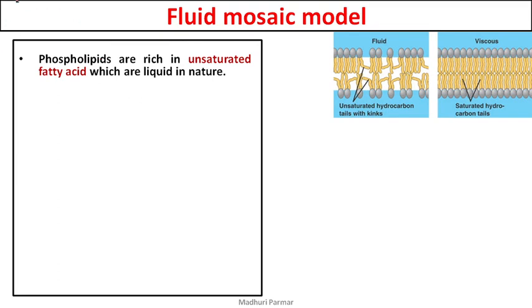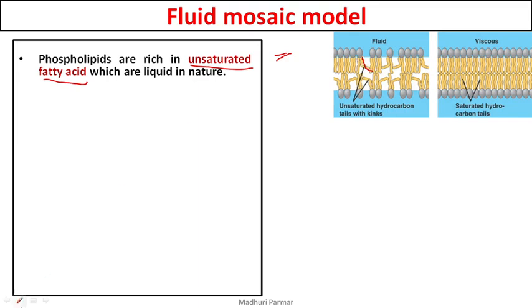The phospholipids are rich in unsaturated fatty acid. We saw the structure of phospholipids. They have two fatty acid chains, and these fatty acid chains are unsaturated. Unsaturated means they have double bonds. Because they have double bonds, they have a kink. Kink means there is a bend.